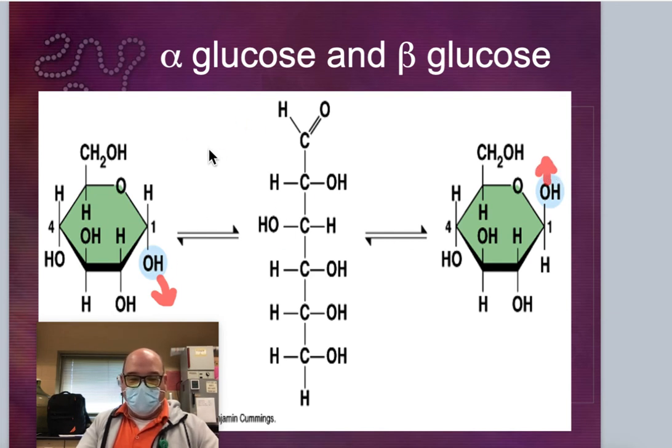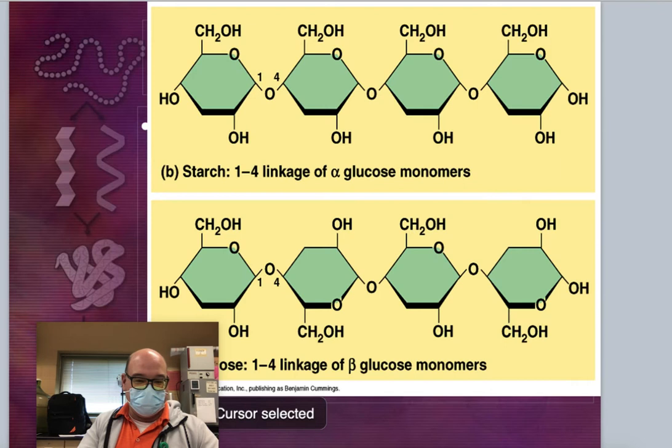Now, one of these makes starch, and the other one will make cellulose. So I'll show you how that works in here. You don't have to know too much about that, but we'll just take a look at this.